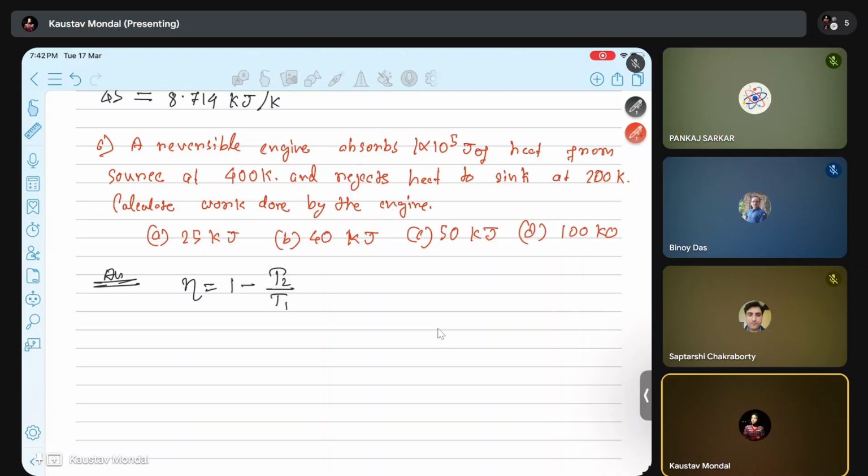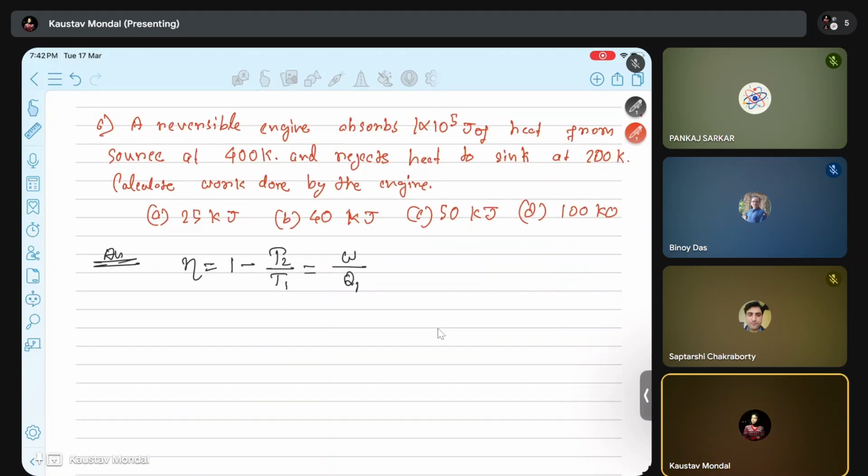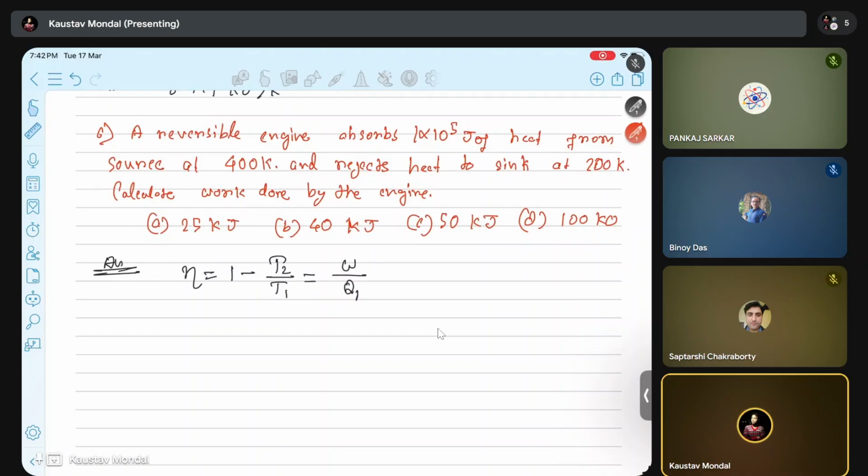The general formula is W by Q1, where Q1 is the heat input. So the work done W that we have to calculate is (1 minus T2 by T1) into Q1.